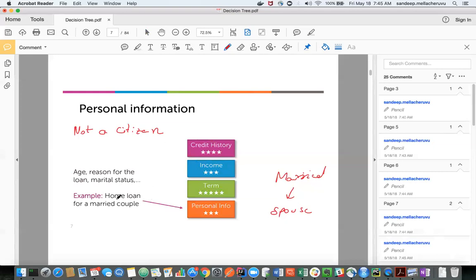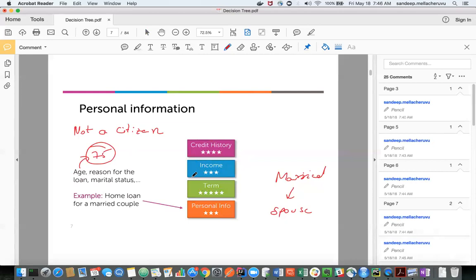So all these things, even the age, if that person is, let's say, 70 or 75, then there may be a chance that he may not repay the loan because of his health issues or anything like that.